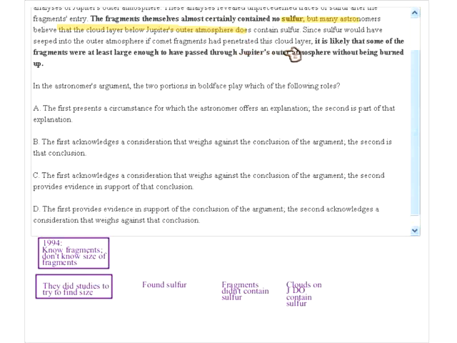Okay. When they say since sulfur would have seeped into, that means, among other things, that sulfur did not seep out there. So the sulfur stayed inside. The sulfur was in the atmosphere. Sulfur penetrated the outer atmosphere.